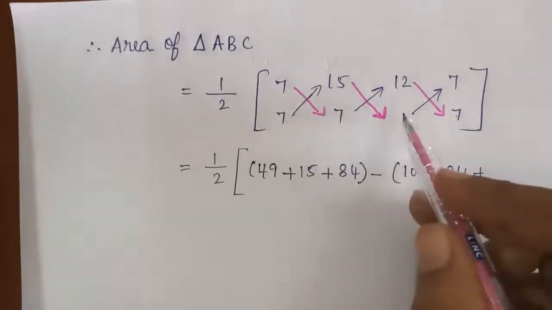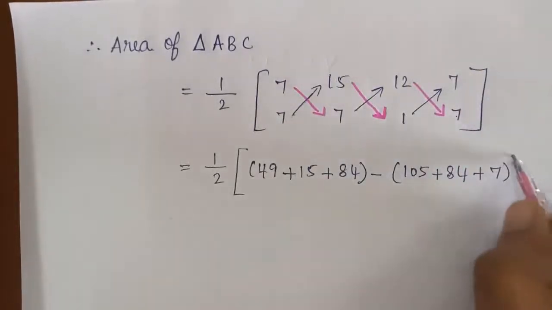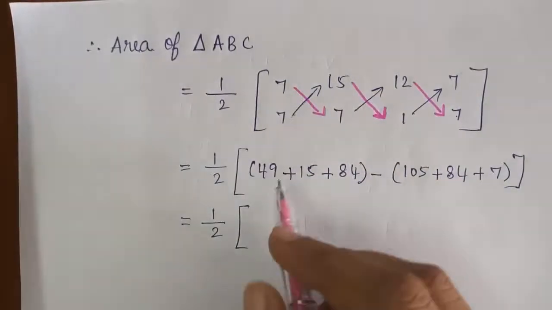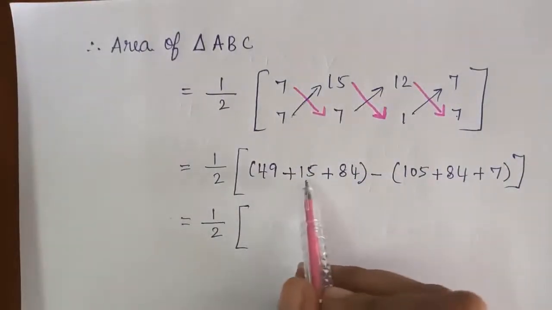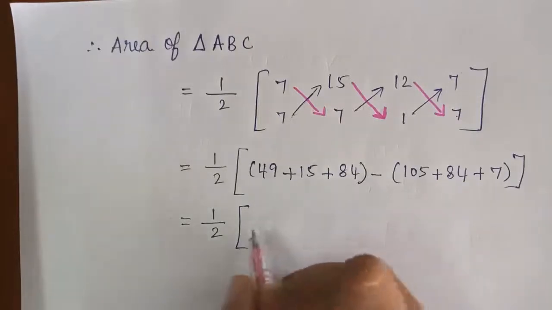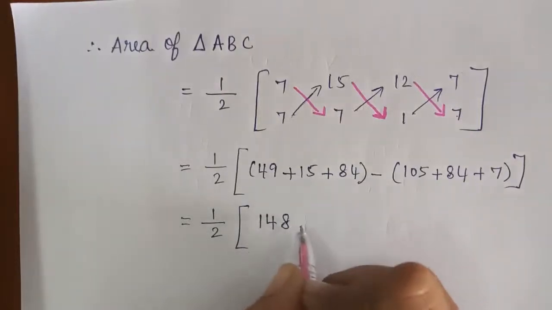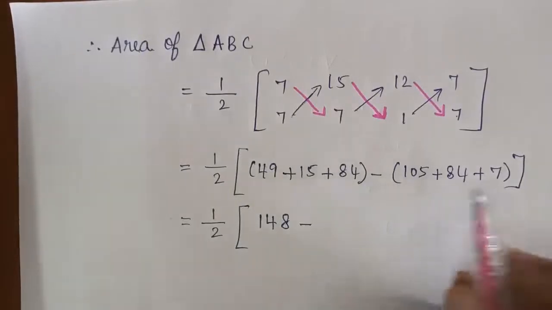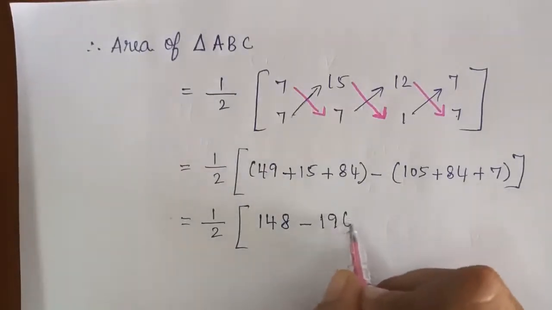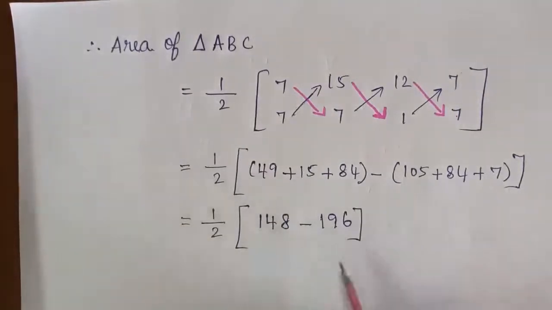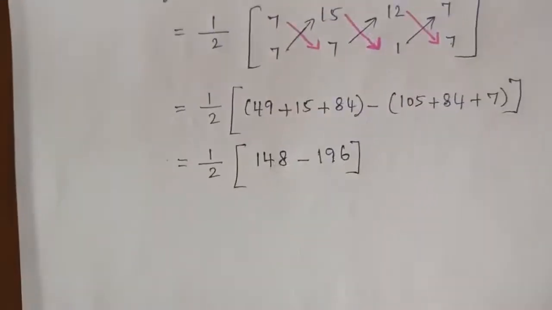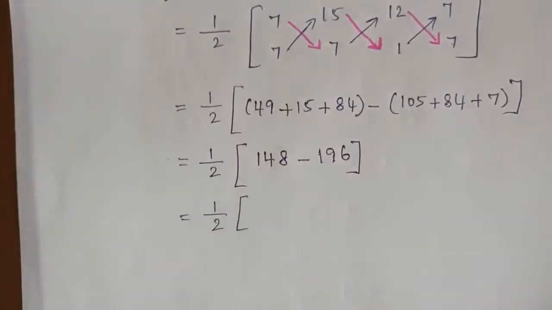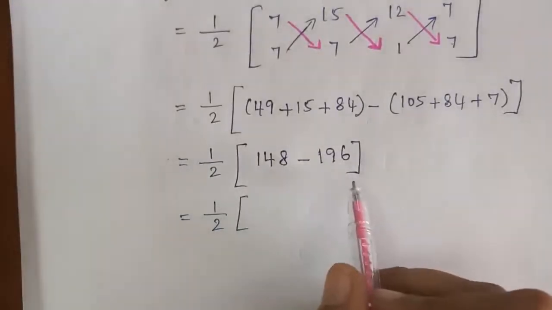Plus 1 into 7 is 7, which is equal to 1 by 2 into 49 plus 15 plus 84 is 148, minus 105 plus 84 plus 7 is 196, which is equal to 1 by 2 of 148 minus 196.